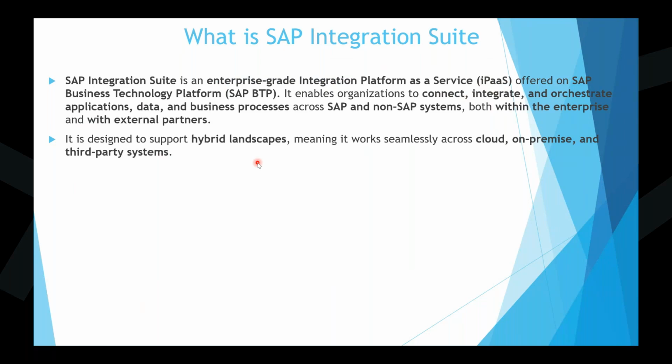So SAP Integration Suite handles both seamlessly. It does not care where your system is running. Any questions? Now you understand what a hybrid landscape is? Is it clear, guys?